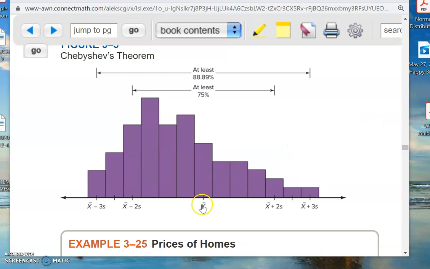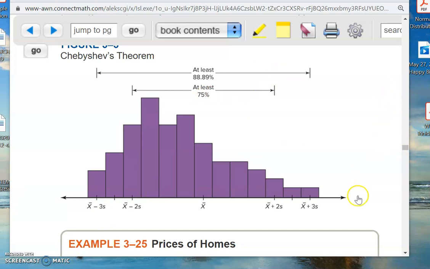You've got an X bar, and you go 2 standard deviations, so here's 1, 2, or you go 3 standard deviations, so here's 1, 2, 3. How much of the data is between plus or minus 2 standard deviations, plus or minus 3 standard deviations? Well, it's at least 75%, and at least 88.89%. That's what these lines up here are telling us.